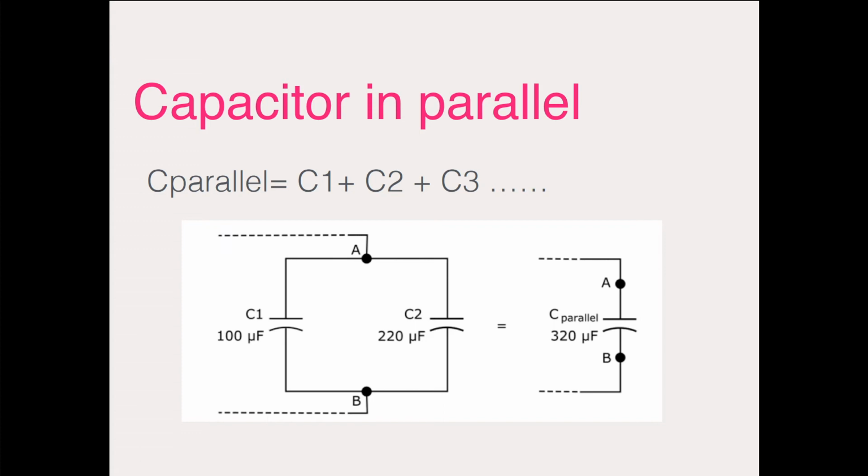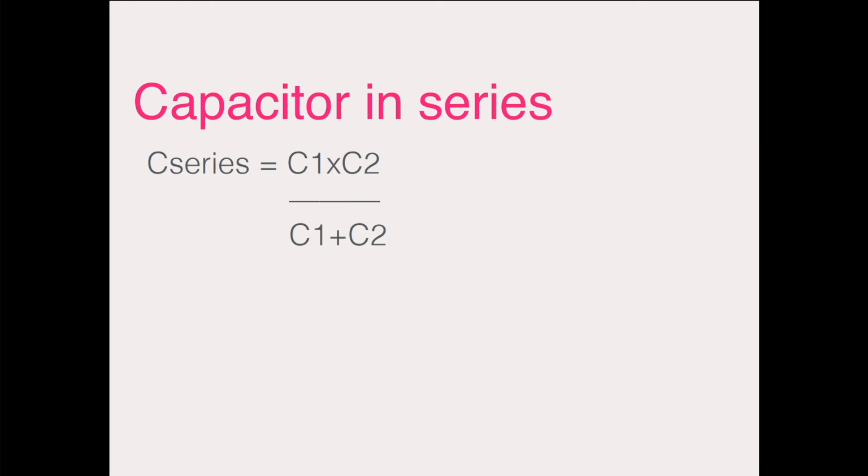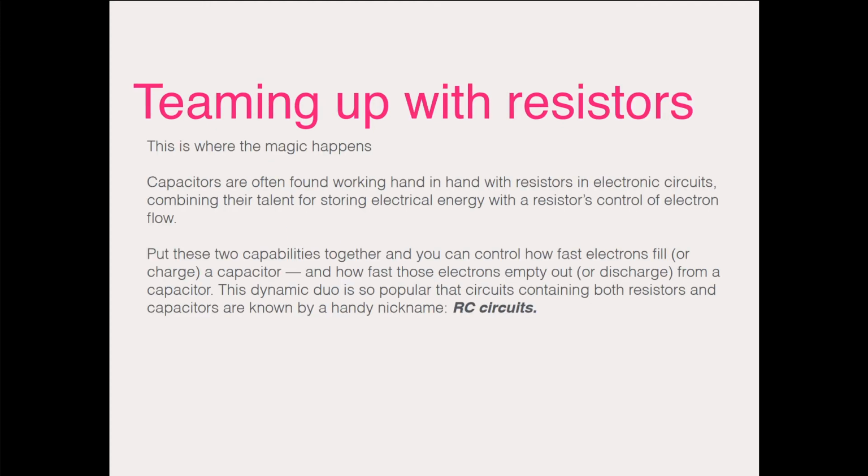So the total capacitance in a circuit with two capacitors is C1 plus C2. That's simple. In series, the relationship is reciprocal: C1 times C2 divided by C1 plus C2 will give you the capacitance.